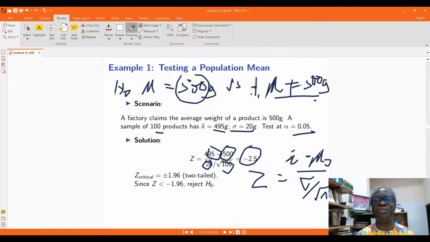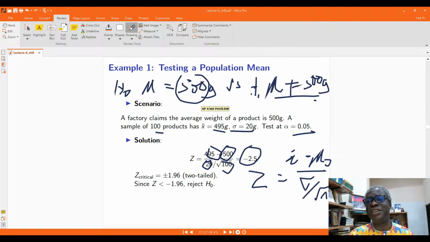Which means we reject the claim that the average weight of the product is 500 gram. So the conclusion here is that based on information in the sample, the evidence in the data does not support that claim.